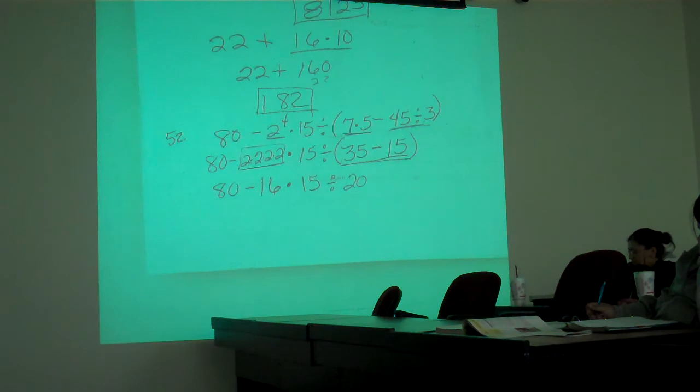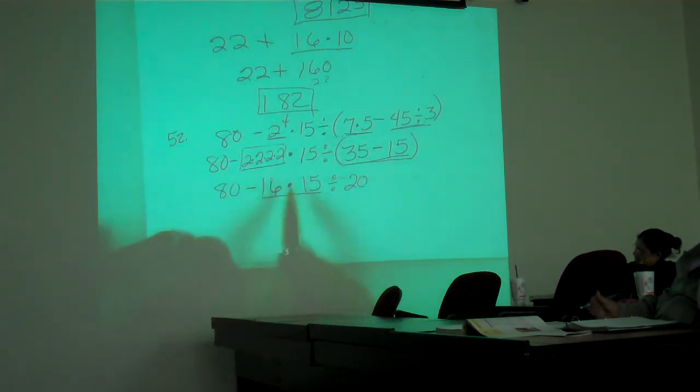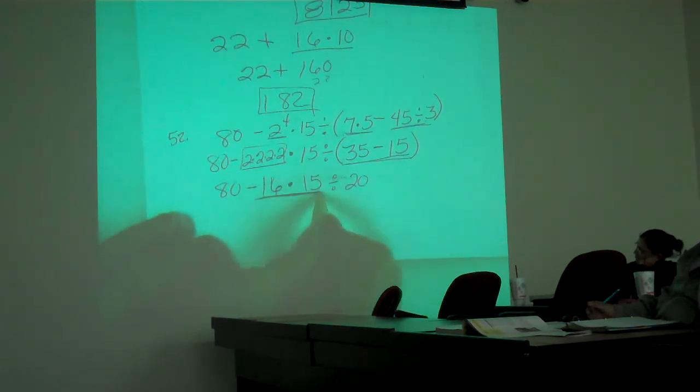Okay, now we've done our parentheses, we've done our exponents. What comes after that? Multiplying and dividing, left to right. So 16 times 15. Yeah, you have to do this one first. Even if it said divide and then multiply, you do the first one. You do this left to right.